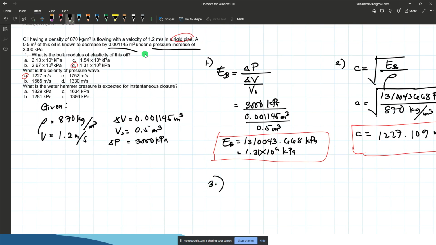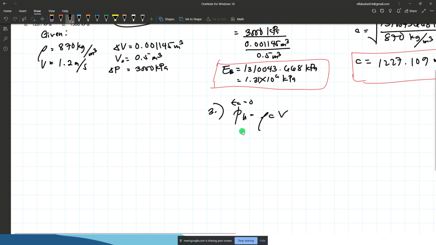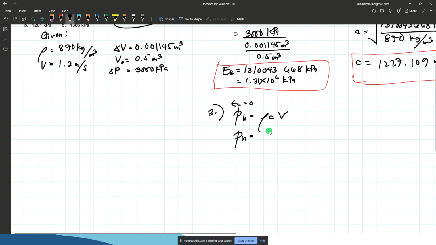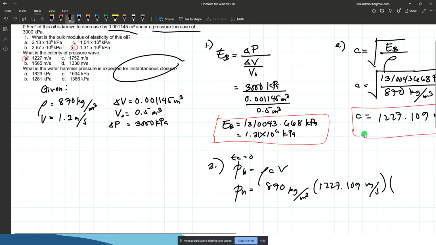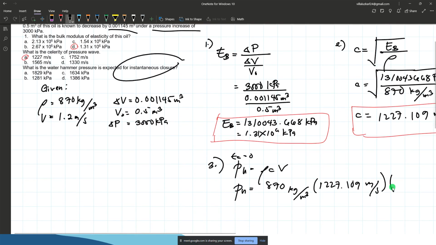For number 3, what is the water hammer pressure expected for instantaneous closure? So instantaneous closure, TC is 0, so the pressure due to the water hammer is just rho C times V. So substituting all the values that we have identified in the previous problem, we have celerity of 1227.109 and velocity of 1.2 meters per second.